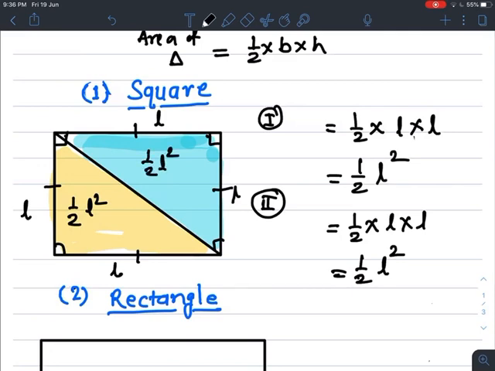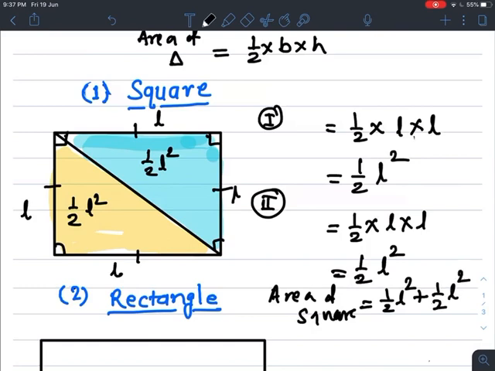You know, half glass plus half glass, you will get a full glass. Similarly, half mango plus half mango is one full mango. Similarly, half L square plus half L square is L square. Therefore, the area of the square is equal to half L square, the area of the yellow triangle, plus half L square, the area of the blue triangle.